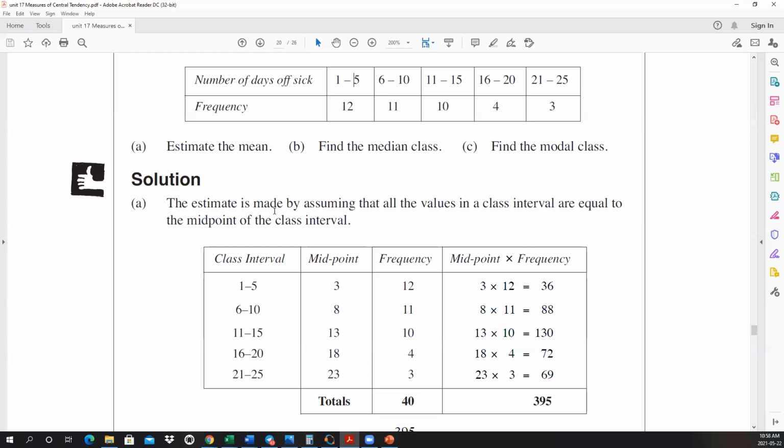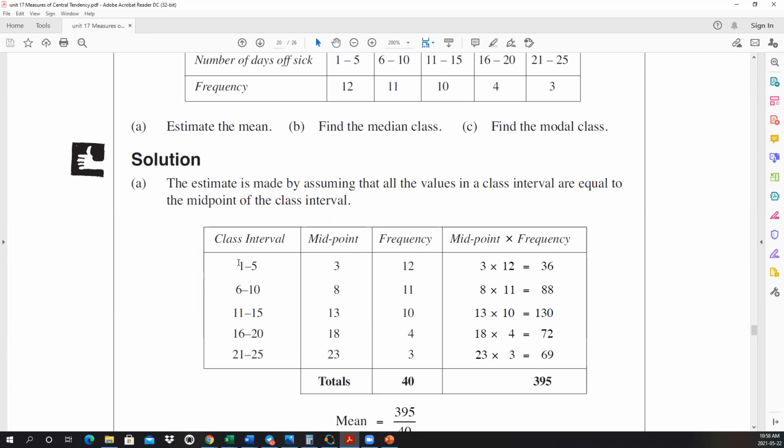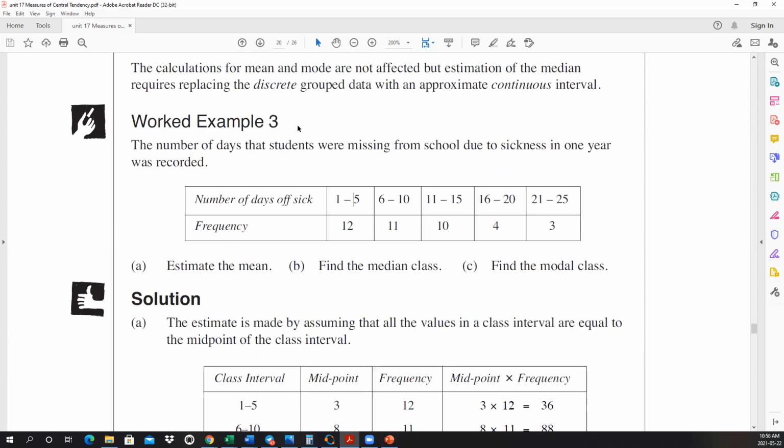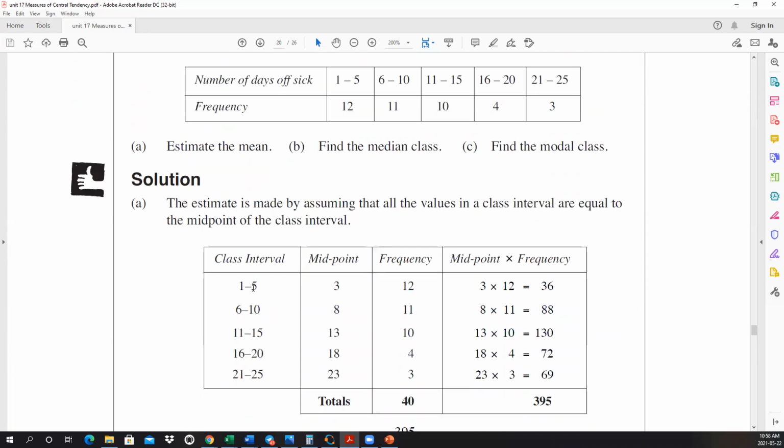The estimate is made by assuming that all values in a class interval are equal to the midpoint of the class interval, right? So we'll look at 1 to 5 days, which is literally 1 to 5 days, because if you put greater than or equal to 1 but less than 6, then you're going to get 1 to 5, right?